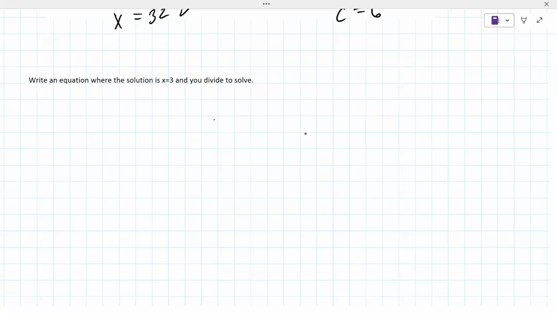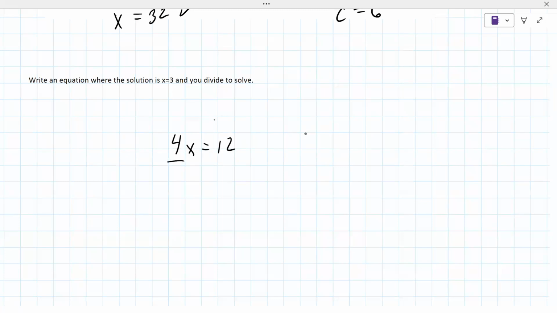Is that one a solution, or what? Let me give you one here. Okay. Let's say it's 4x equals 12. Solve this equation for me, please. 4x is... x equals 3.